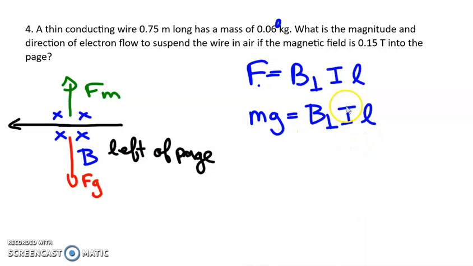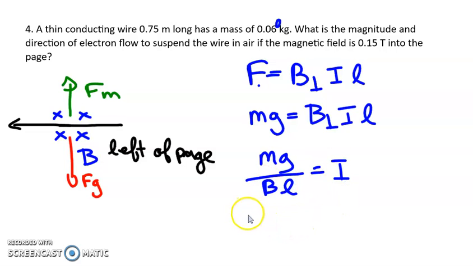Now we're looking for the current. We're going to divide by the magnetic field and length, so you've got mg divided by BL is equal to I, and plugging in the numbers, you should get an answer of 5.232 amps.